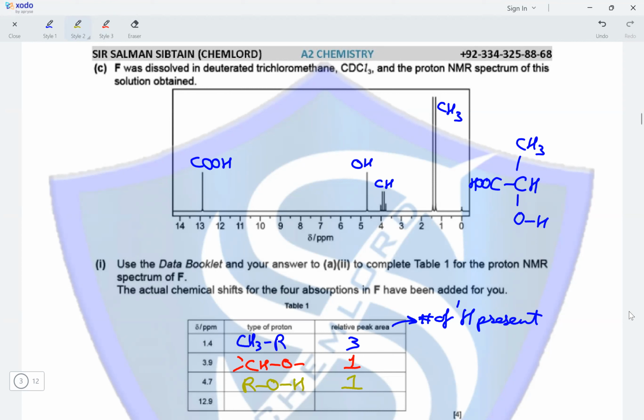The peak area would be 1 again, and the peak at the extreme end at 12.9 belongs to the RCOOH proton, again having a single relative peak area. So in this way, we have identified all 4 absorptions corresponding to which part of 2-hydroxypropanoic acid they belong to.